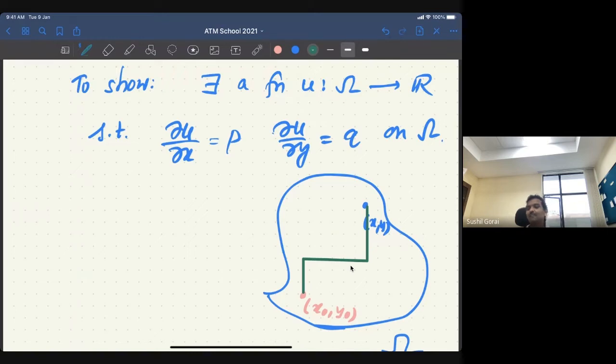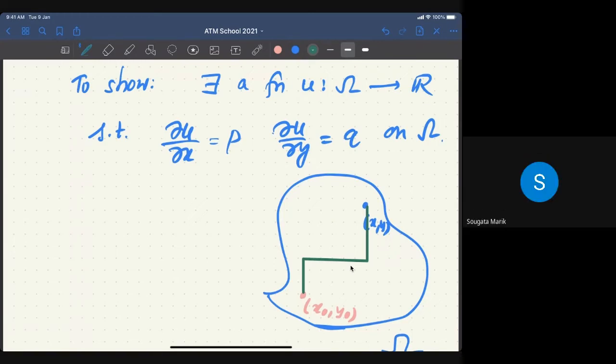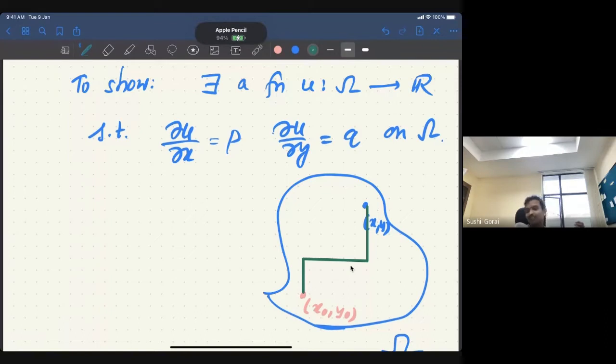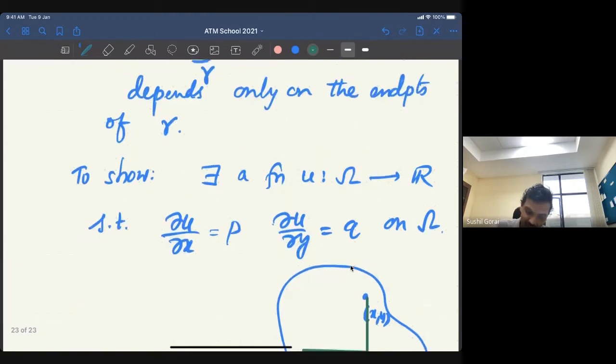So is there any problem if I take this kind of curve? There is no problem. I suppose there should be a lot of questions, right? Corner points are there still. Well, gamma can be taken to be a piecewise smooth curve. There is no problem. Did I write gamma to be smooth?